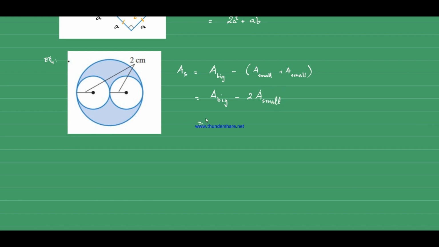Okay, so the area of the big circle is what? 2 pi r, no, pi r squared, minus 2 times pi r small squared.